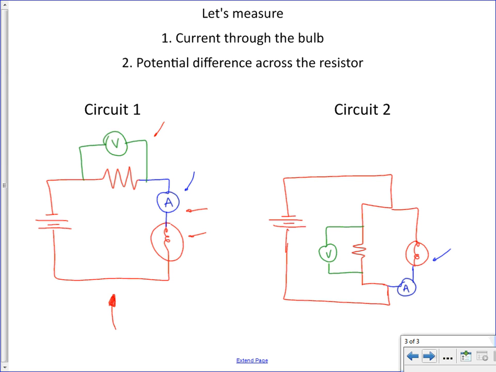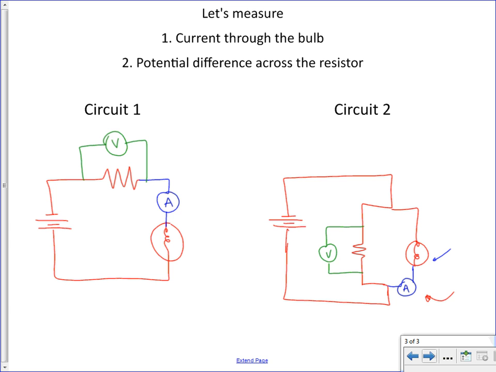The fact that the resistor and the bulb are connected in series, who cares? On the right, we have resistor and bulb connected in parallel, but we still have an ammeter connected in series with the bulb. We still have a voltmeter connected in parallel with the resistor. How the resistor and the bulb are connected, who cares? Just make sure that your meters are connected in the way you want them to be, with the element that you want them to be connected with.